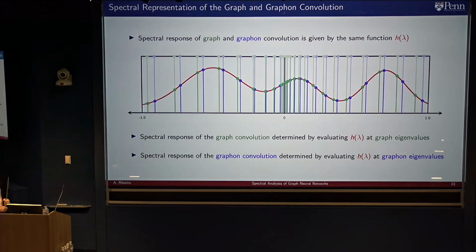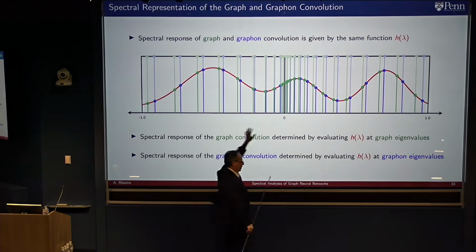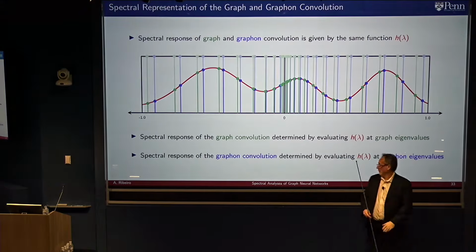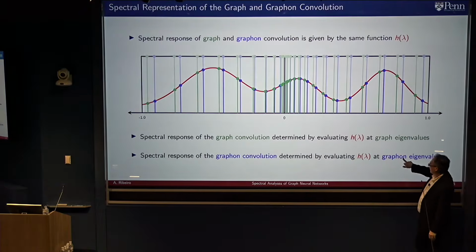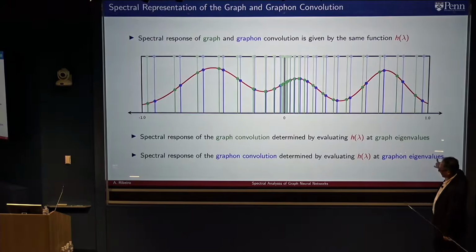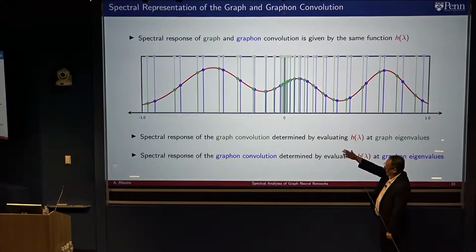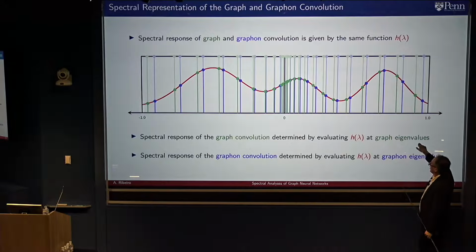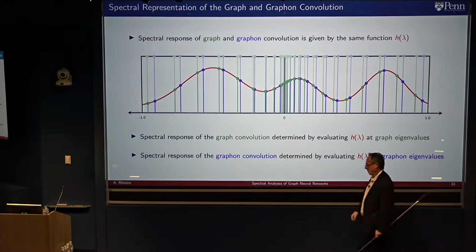Or to summarize, the spectral response of the graph and the graphon convolution are the same function, h of lambda. The graphon evaluates the response at the graphon eigenvalues. The graph, or the graph sequence, I should say, evaluates at the sequence of graph eigenvalues.